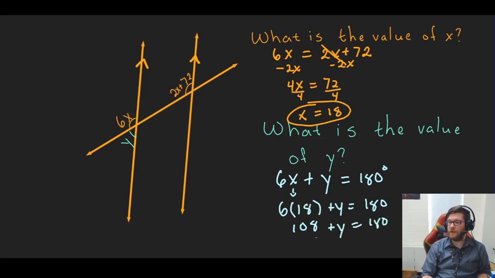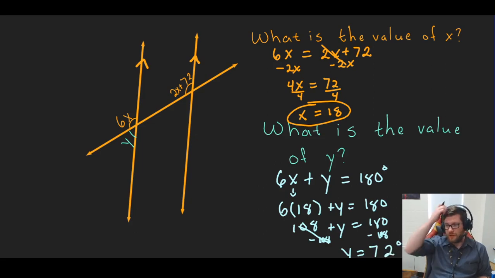So now we want to get y by ourselves. We're going to subtract 108 from both sides. So y is then going to be 180 minus 108, which is 72 degrees.